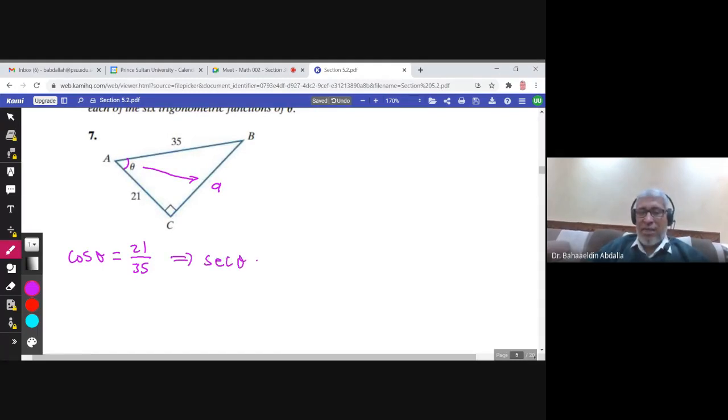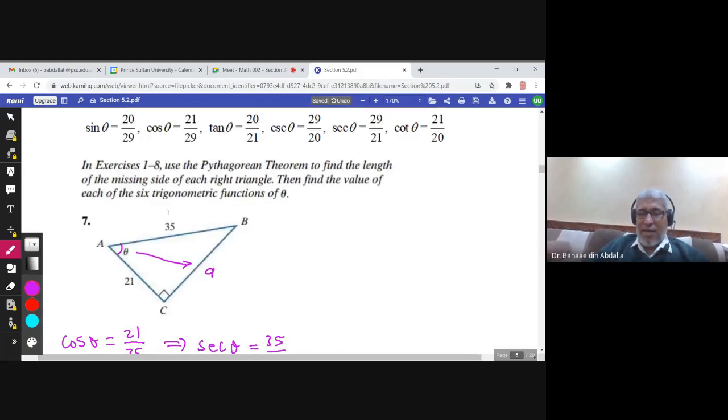It would be 35 over 21. Now to find sine and tan, I need to find A. I find A using the Pythagorean theorem. I know that A square plus B square, which is 21 square, equals C square, which is 35 square.